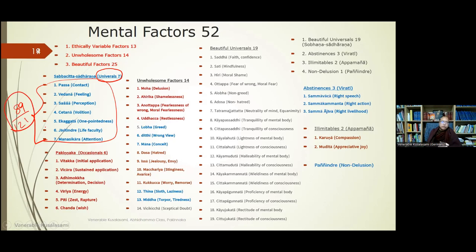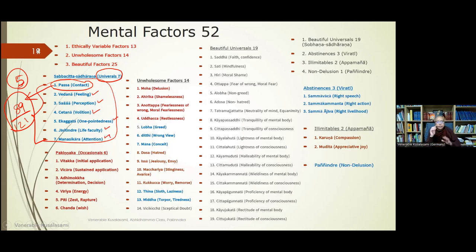So if you are asked how many feelings are together with phassa, then you know all 5 feelings are together with phassa, yeah, because phassa is together with all the consciousness. That's why here there are 5 feelings, okay? So the other mental factors are also the same.